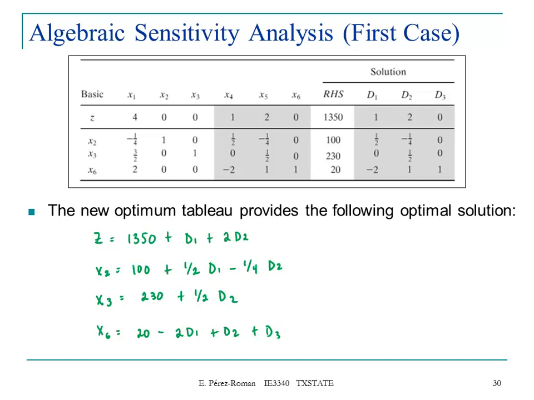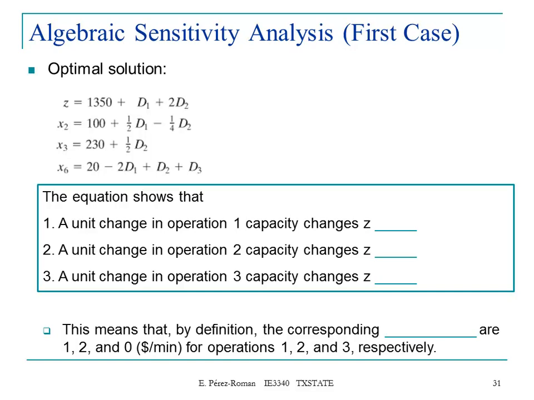So now you have a value for X2, X3, and X6, but those are not only integer values, you also need to add the coefficients corresponding to the values of D1, D2, and D3. And I believe we stopped here. So this is your optimal solution. One more time, this is the same thing that we had on the previous slide.